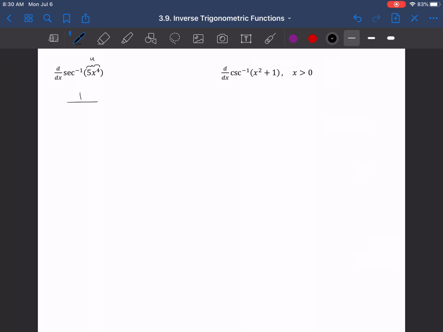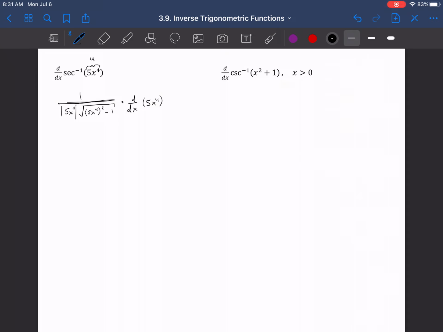So it's 1 over the absolute value of 5x to the fourth times the square root of (5x to the fourth) squared minus 1. Then we have to do the derivative of the inner part, which is 5x to the fourth.